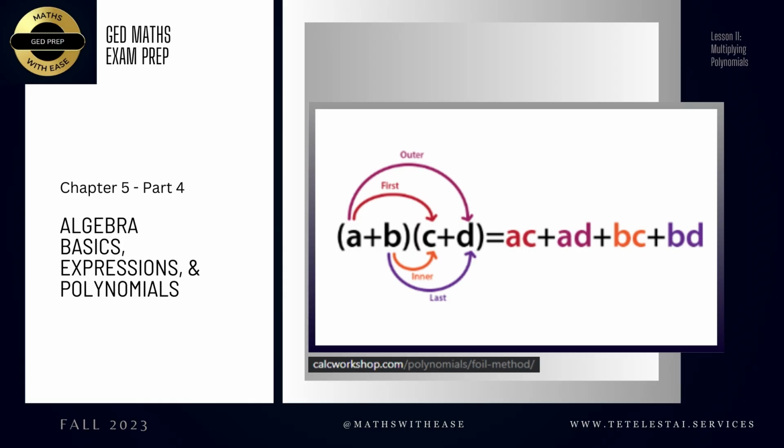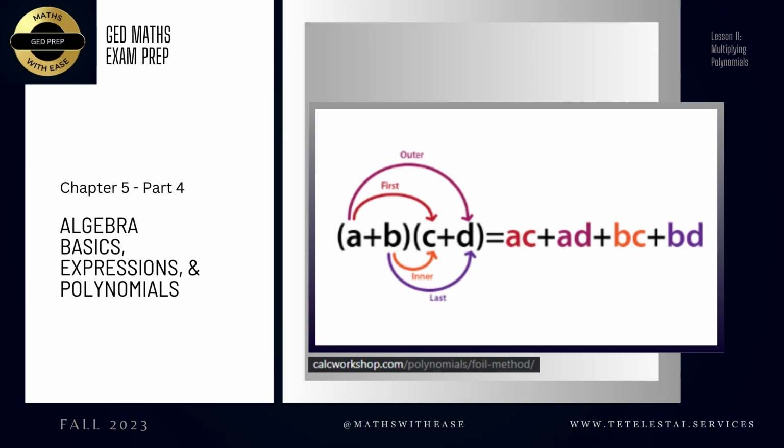So our first term is A in the first bracket. In our second bracket, the first term is C. So we multiply those two together. A times C will give you AC, okay? Then we go to our outer portion. We multiply the first term by the outer term. A times D will give you AD, okay?